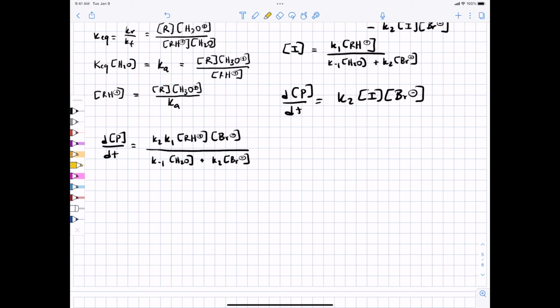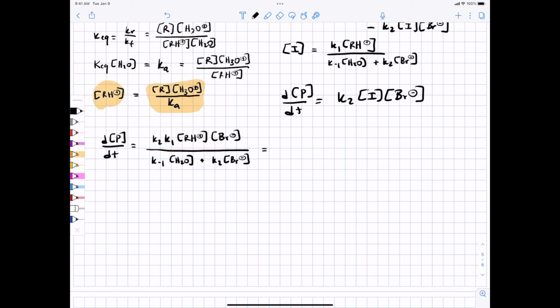And I've already got an expression for protonated alcohol that I can write simply in terms of things that I can know. I can know what my starting concentration of R is, and I can know what Ka and what pH is.